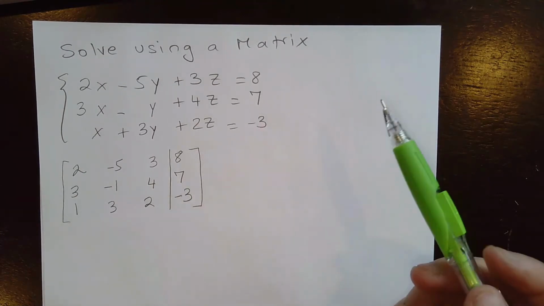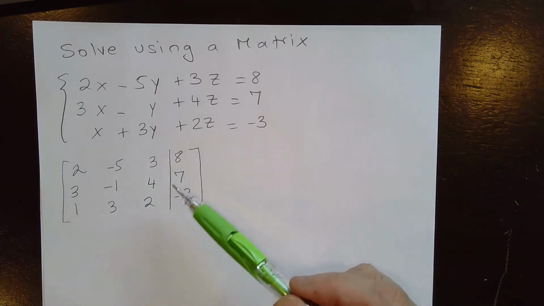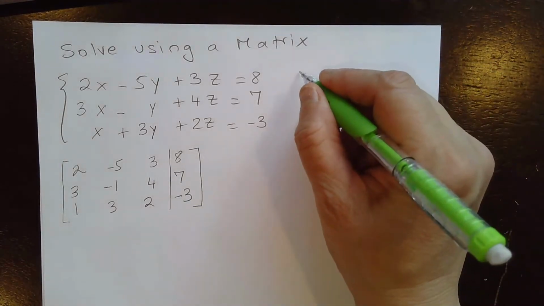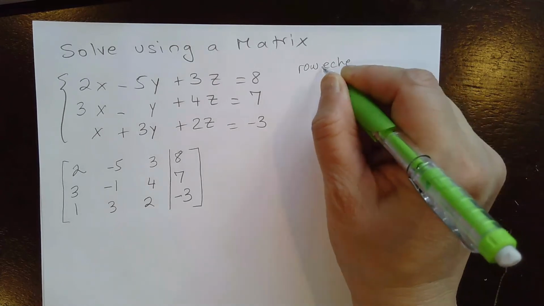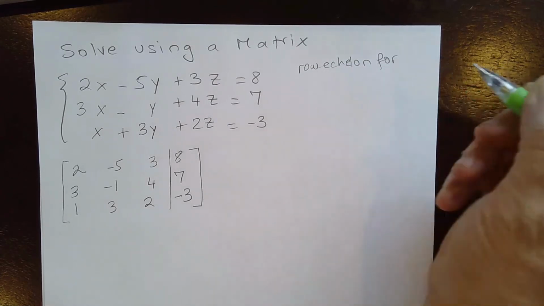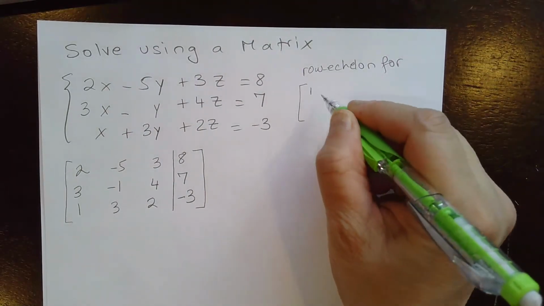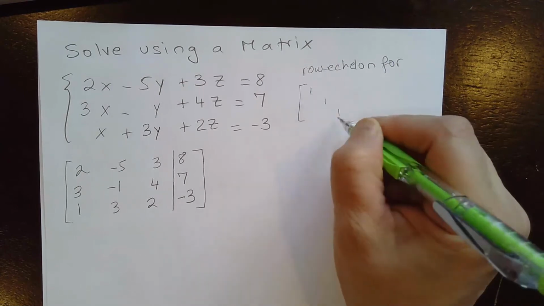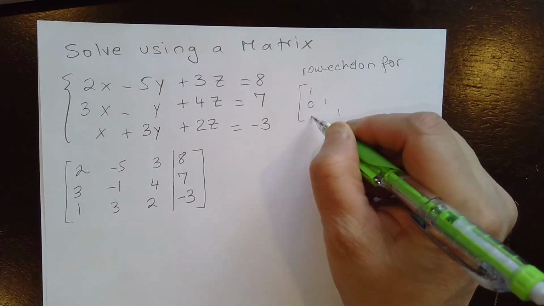Now what we need to do is transform this augmented matrix into a matrix in row-echelon form. Now to remind you, what is a row-echelon form? A row-echelon form for a 3 by 3 matrix would be, first, it would have a 1 in the diagonal, and anything under the ones in the diagonal would be 0.